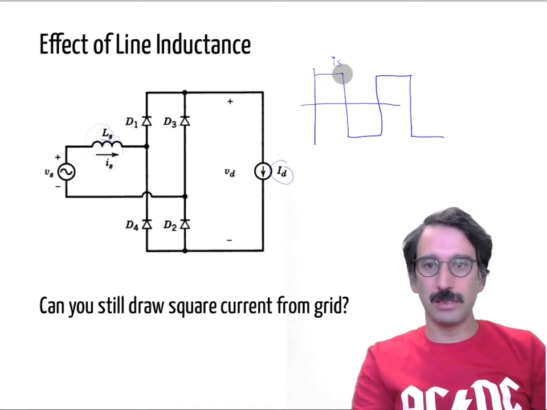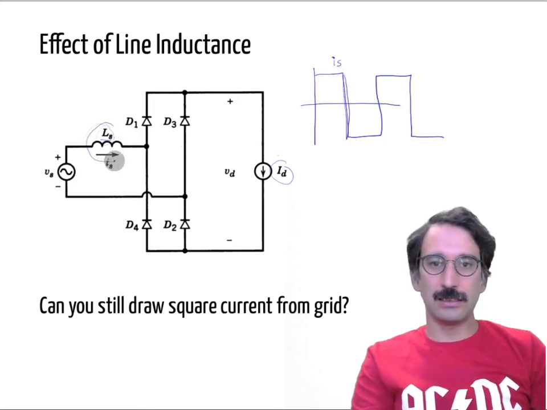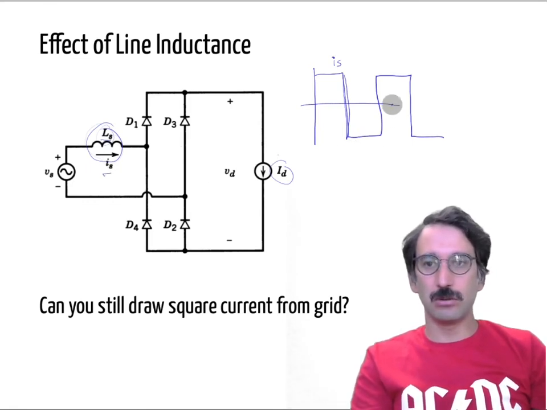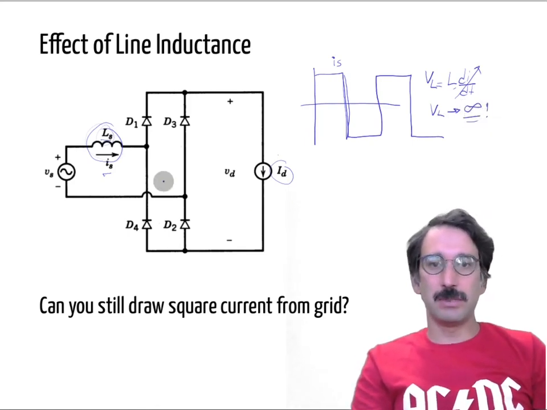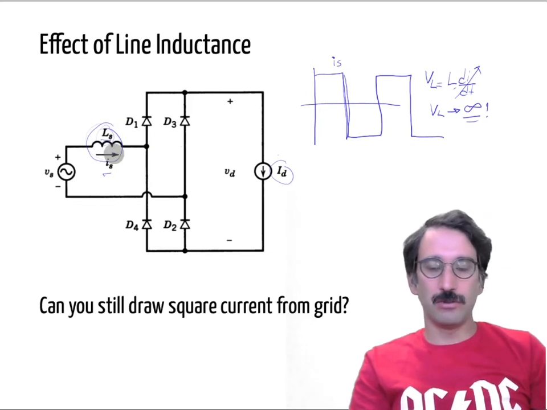But if you have sharp edges like that, the inductance current is the same as the source current, VL is equal to L di over dt, and because of that sharp edge, VL will go to infinite. That is not possible, and it will destroy all our semiconductors and other cables, and actually it will not occur at all like that.